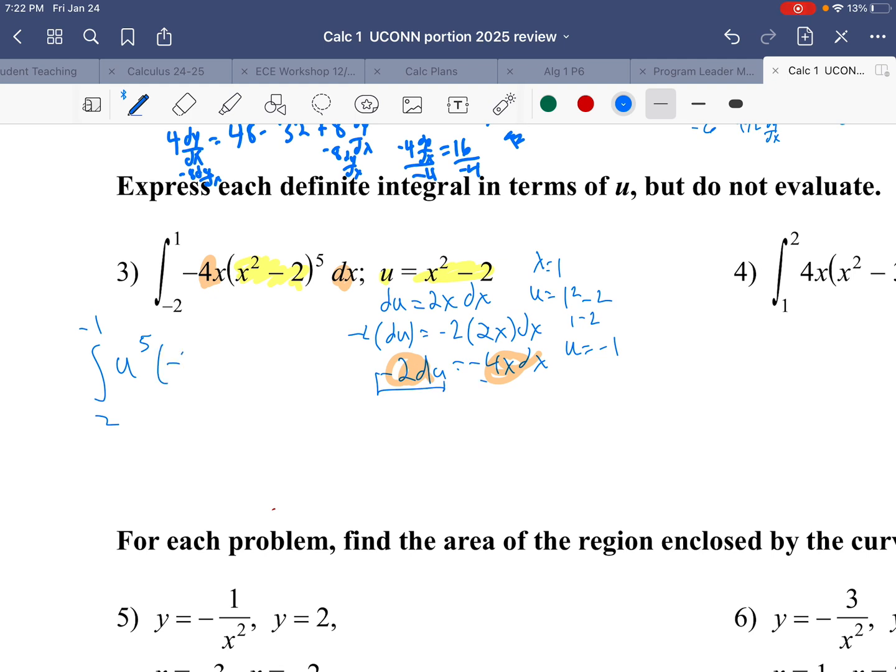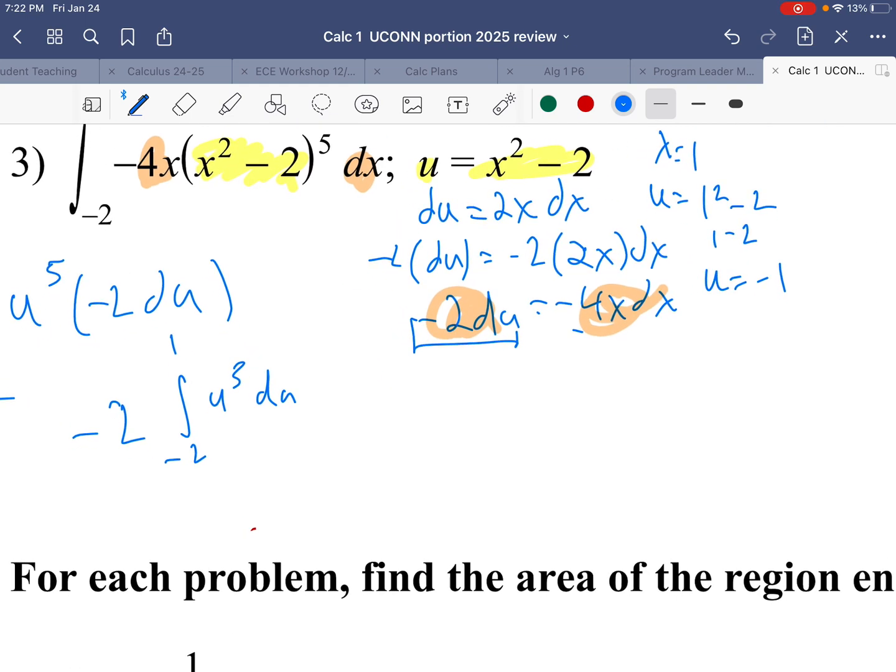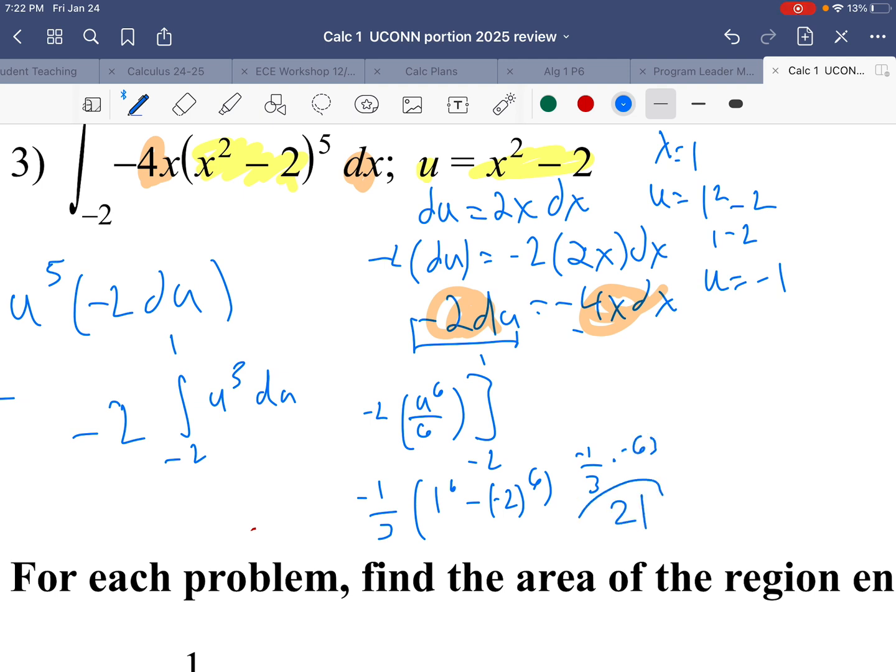It should have been times negative 2 du, which would make this look like negative 2, the integral from negative 2 to 1 of u to the 5th du, which would then become negative 2 times u to the 6th over 6, evaluated from negative 2 to 1, or negative 1/3 times 1 to the 6th minus a negative 2 to the 6th, or negative 1/3 times a negative 63 to get a positive 21.